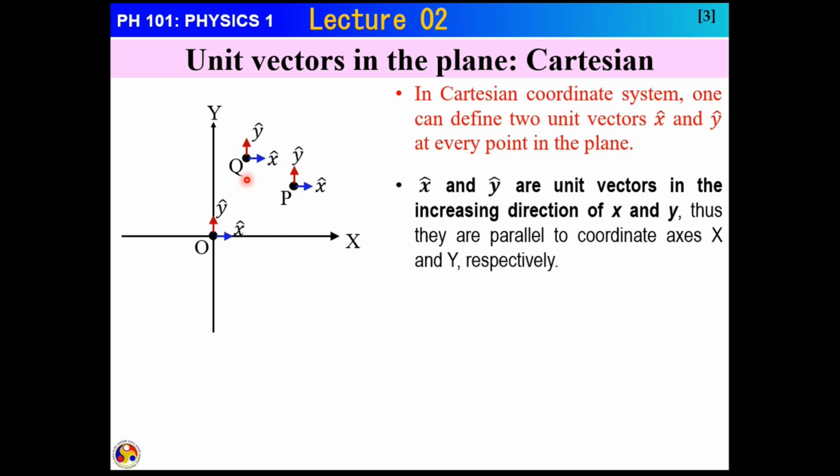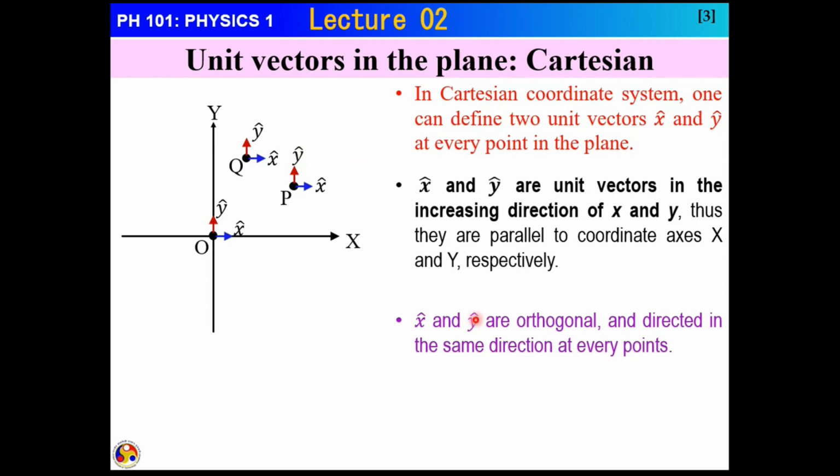These unit vectors X and Y are unit vectors in the increasing direction of X and Y. So basically X cap is the unit vector in the increasing direction of X. Similarly, Y cap is the unit vector along the increasing direction of Y. Unit vectors X and Y are orthogonal and directed in the same direction at every point.